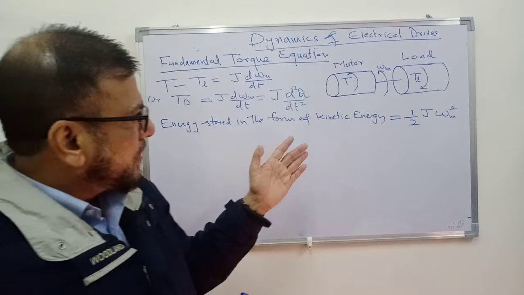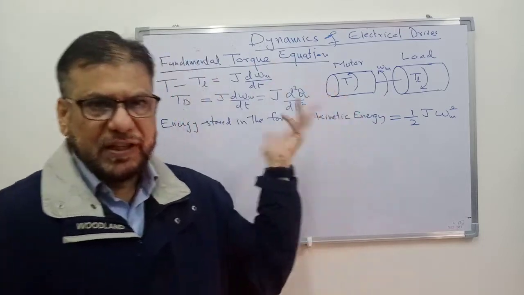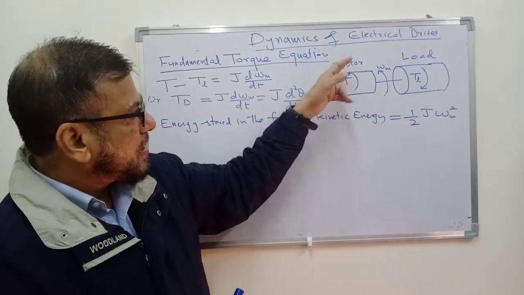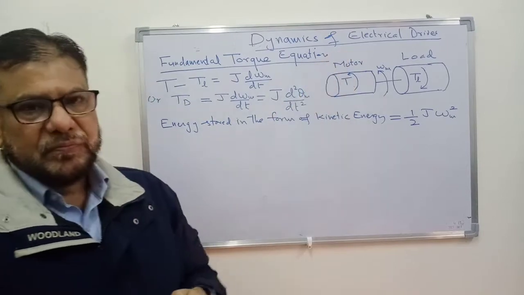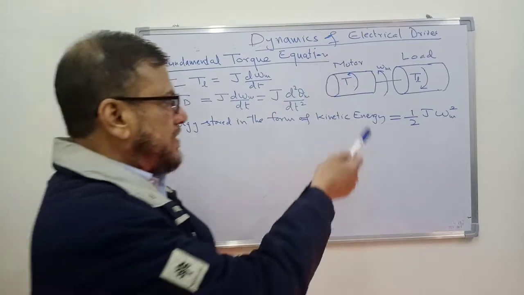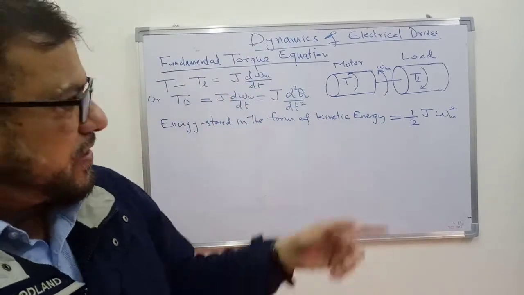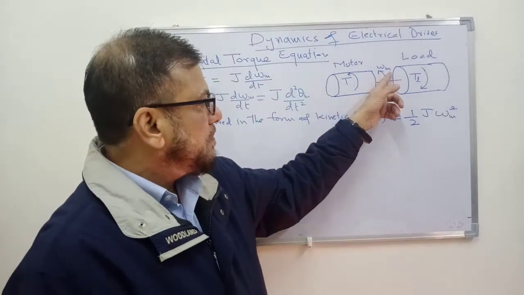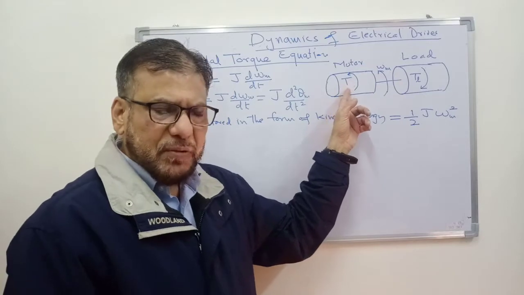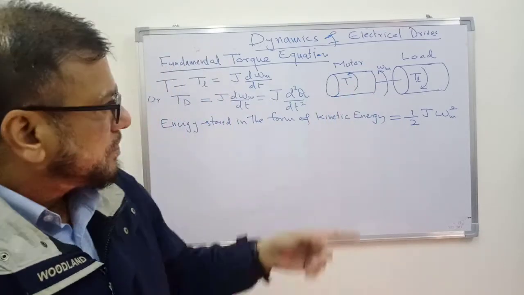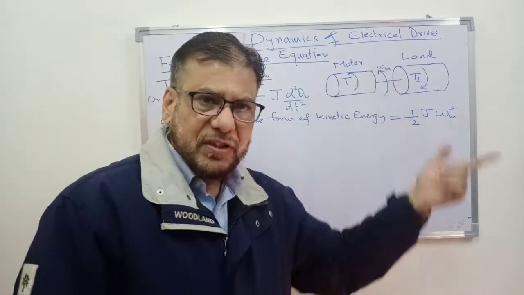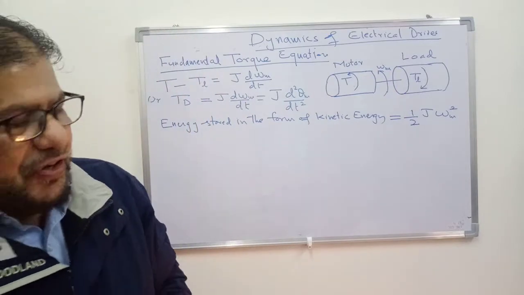Motor produces a torque in one direction. It is shown here counterclockwise direction. As a result of that, the motor moves in the counterclockwise direction, shown by omega m. T is the torque produced by the motor in Newton meter. Omega m is the speed of the motor in radians per second.